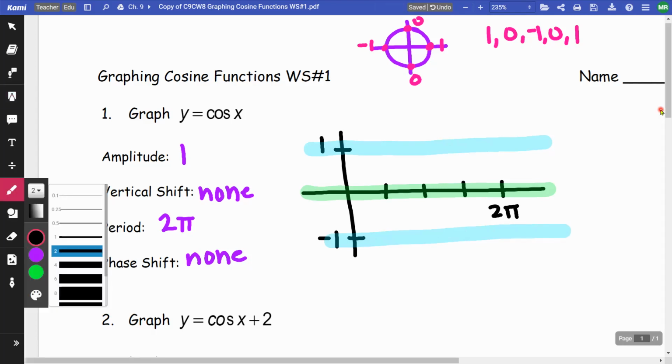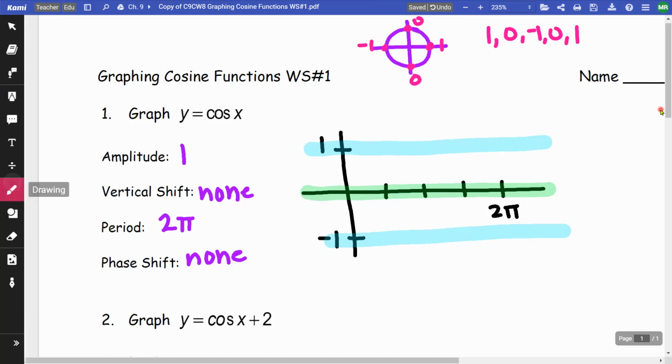Then when I'm graphing this, I am going to be starting at 1, ending at 1. Okay. And then halfway in between these, which is here, I'm going to be at my -1. And then halfway in between these, I'm at 0.